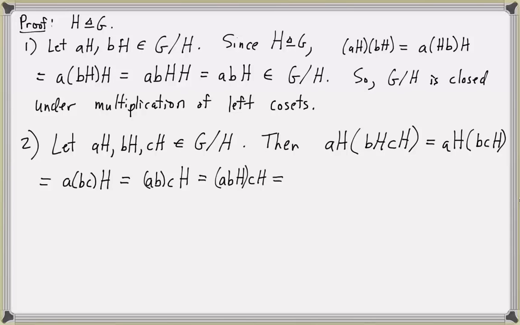And then I can rewrite abH as the quantity aH times bH, and then that quantity times cH. So we see that this product is associative.